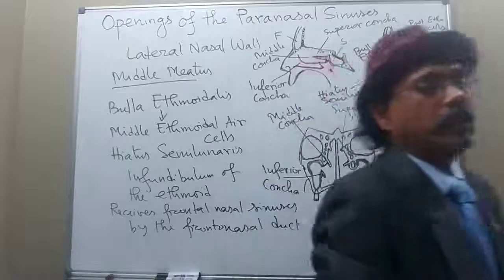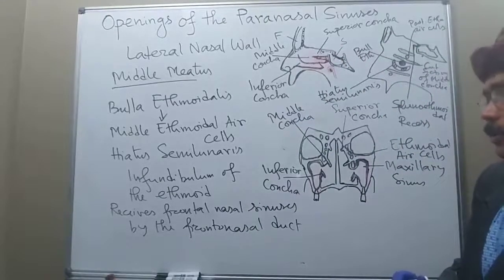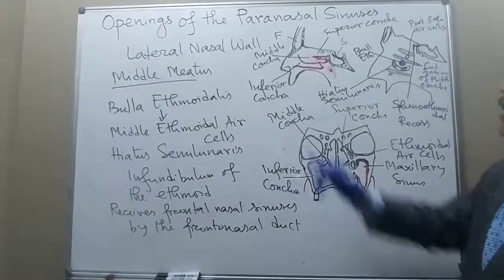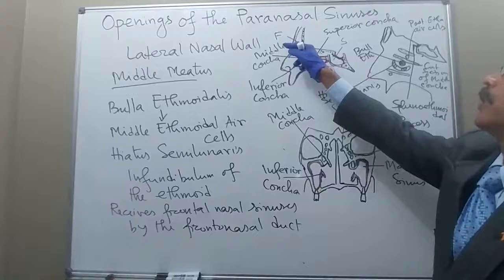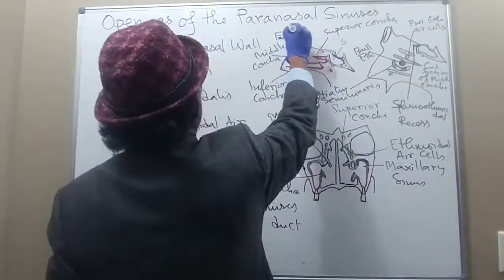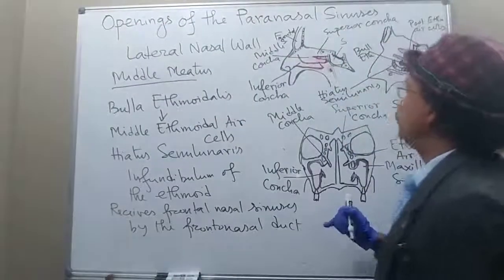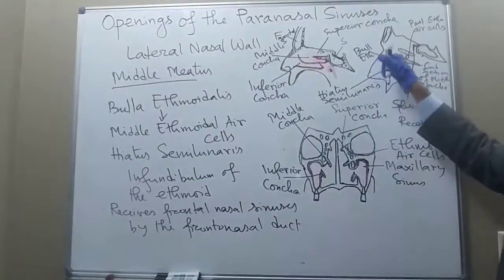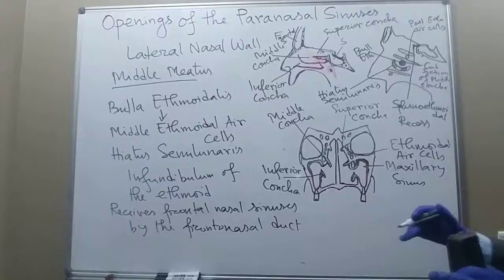So the infundibulum of the ethmoid receives the frontal, this is the frontal sinus, you can write it frontal sinus. It opens into this most anterior part, the infundibulum of the ethmoid.